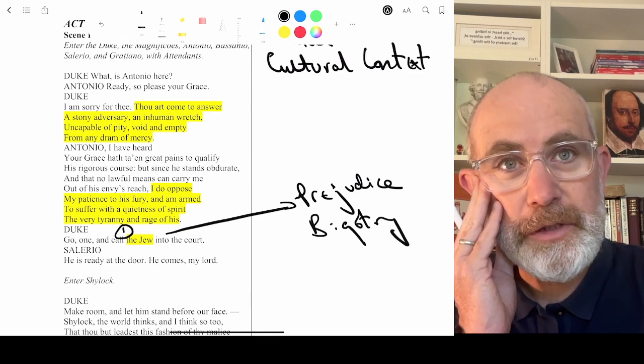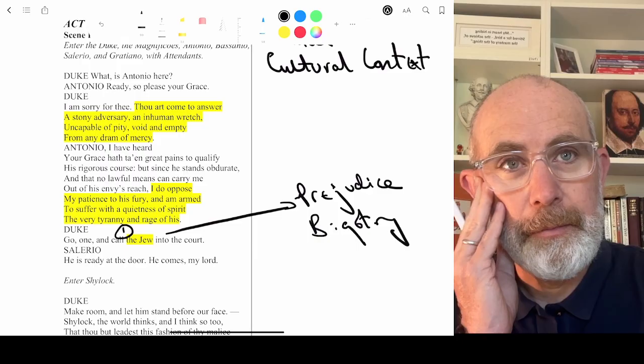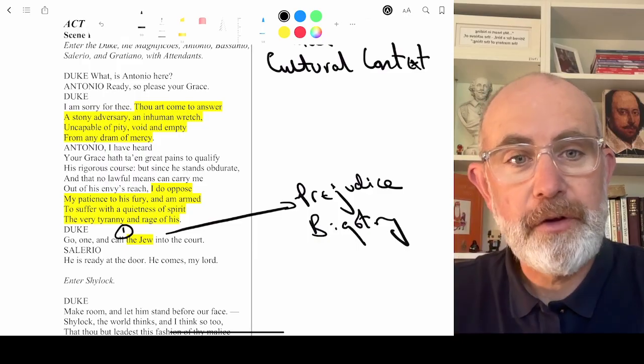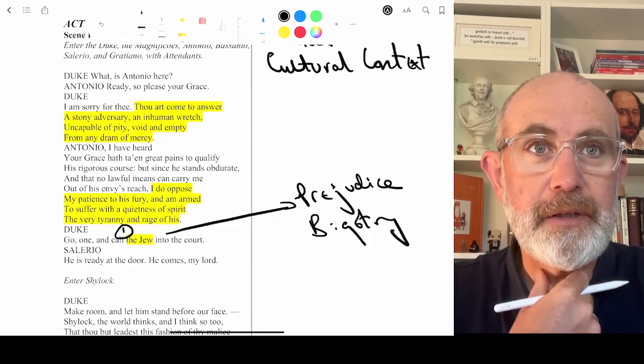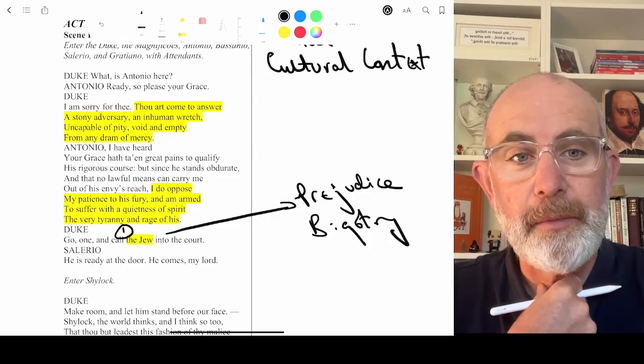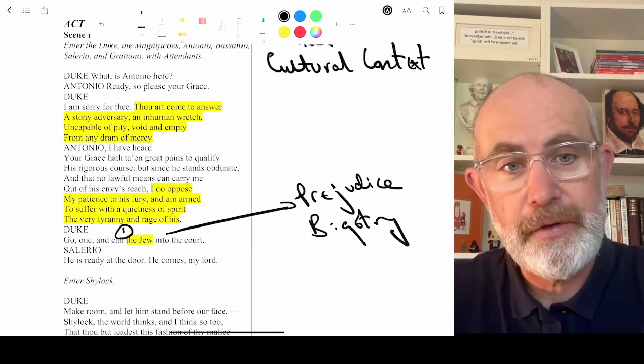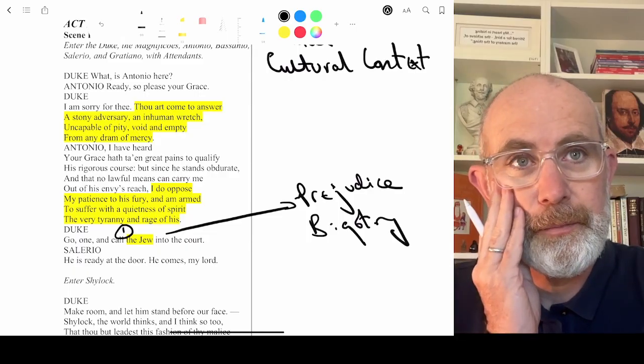So I think in order to understand Shylock's behavior in this scene, you have to understand that context. And of course, he did say it himself, didn't he? 'Cursed be my tribe if I forgive him.'